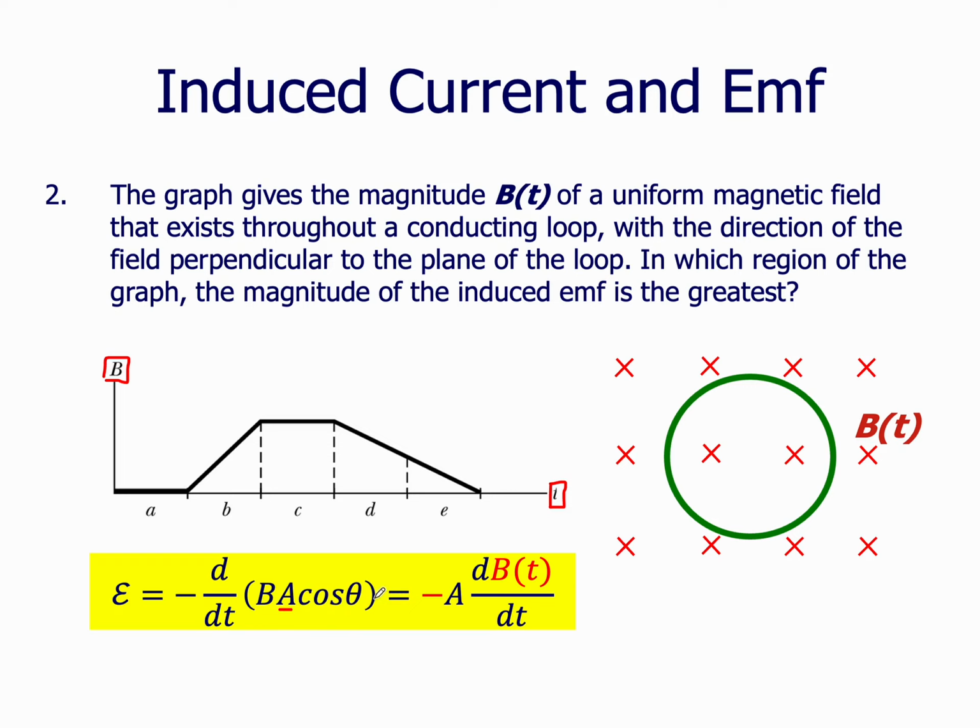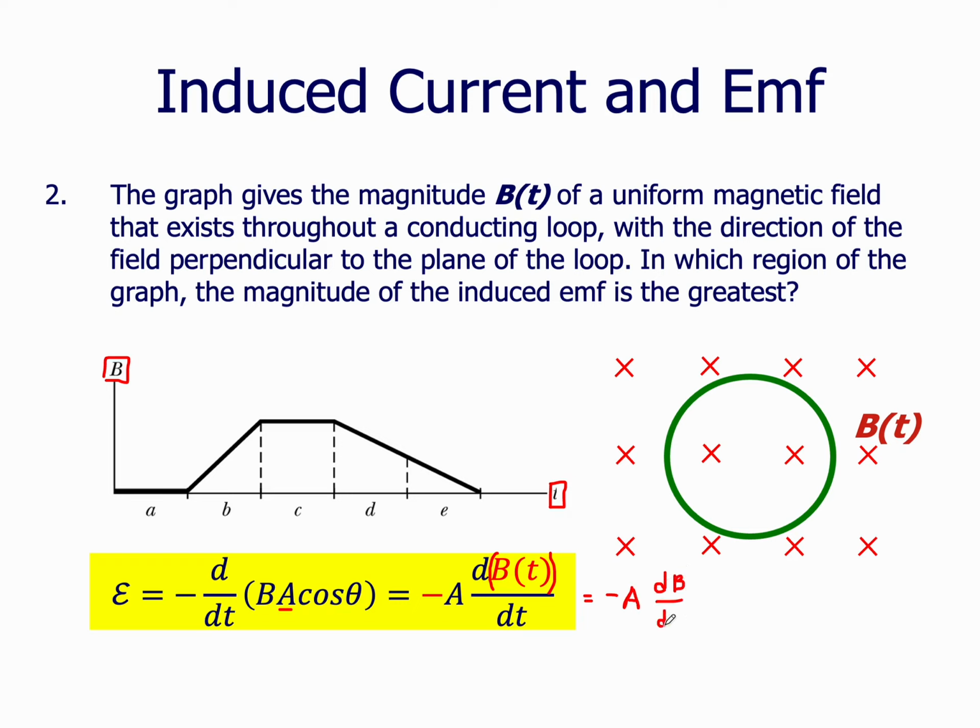The cosine is of 0 degrees, so I can basically make it 1. And so I can rewrite this as the negative of the area times the rate of change of magnetic field with respect to time. In fact, I'd almost rather write it just this way, dB/dt in this case.